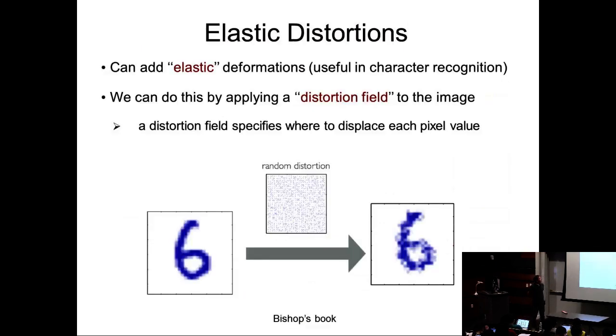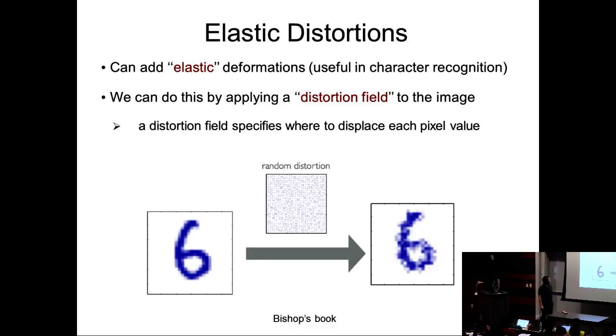OK, so let's look at one particular example, which is known as elastic distortions. This was done a decade ago, but it's useful for character recognition, and perhaps it could be useful in computer vision techniques as well. So what we can do is make changes to the input by applying a distortion field to the image.